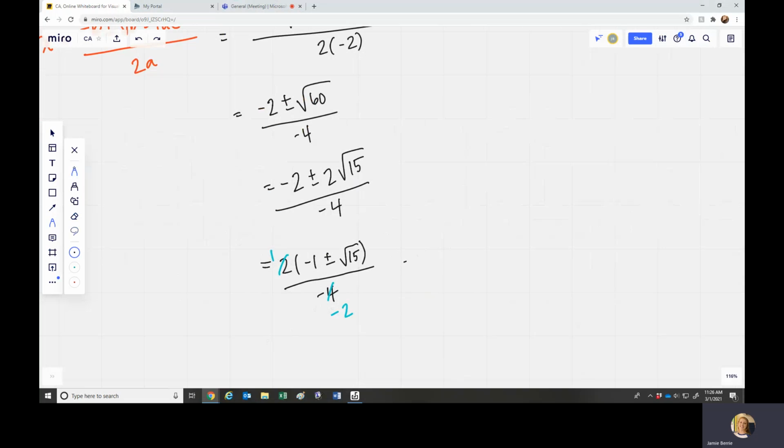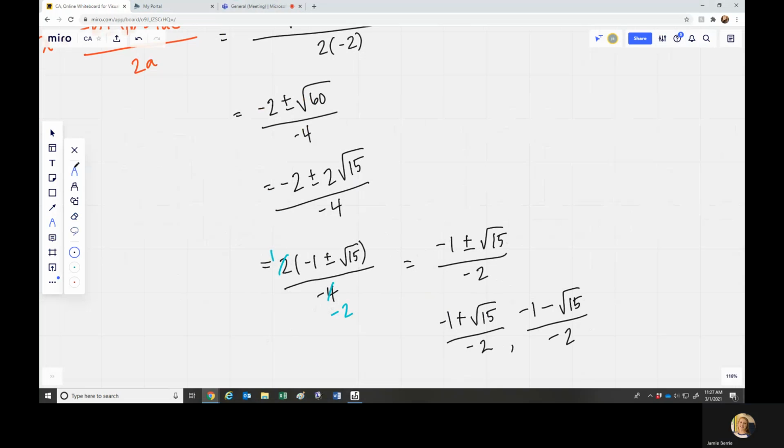Again, I'm getting more and more slanted. Negative 1 plus or minus the square root of 15 over negative 2. Okay, and this would be fine for your answer. If the homework wants you to split it up and write it as a comma separated list, you could write it as negative 1 plus the square root of 15 over negative 2, and then negative 1 minus the square root of 15 over negative 2.